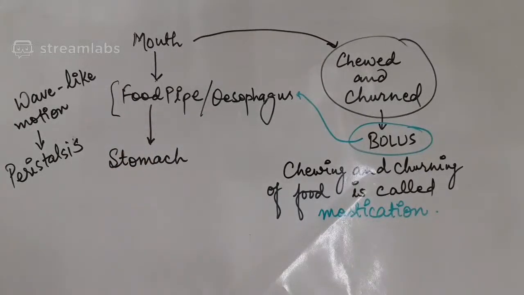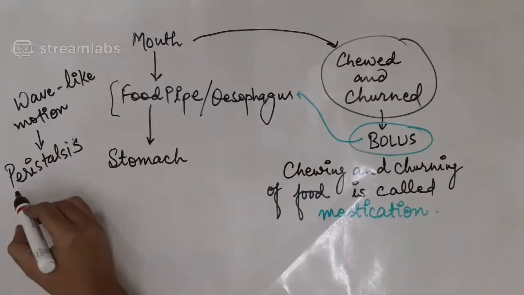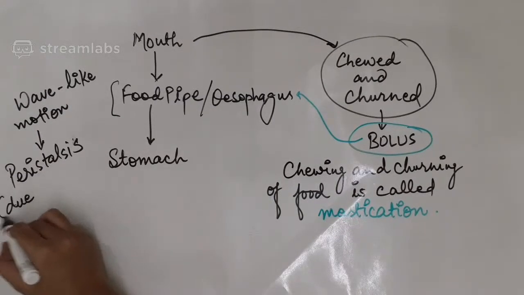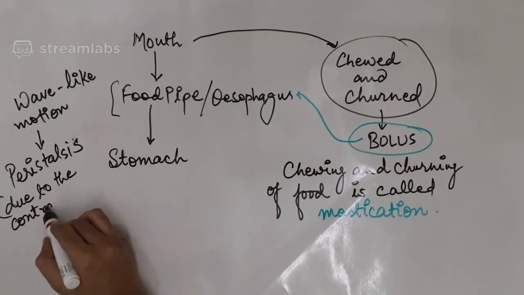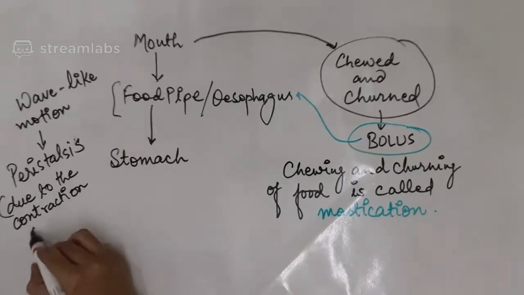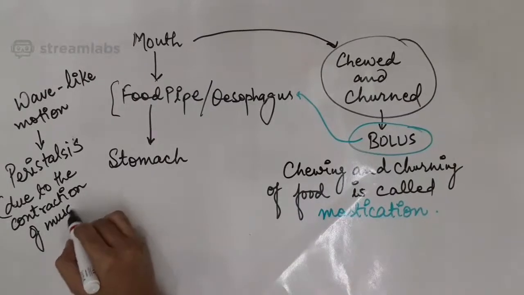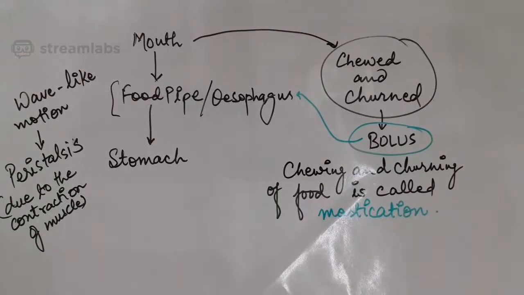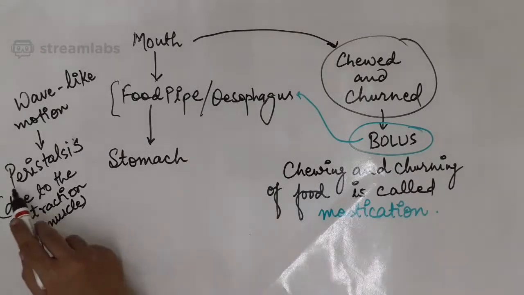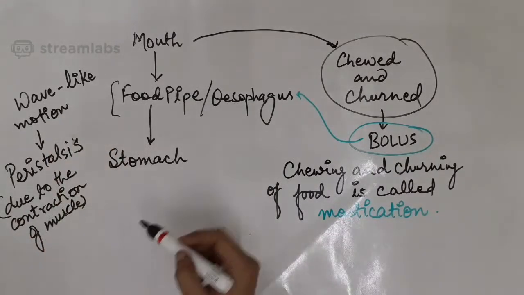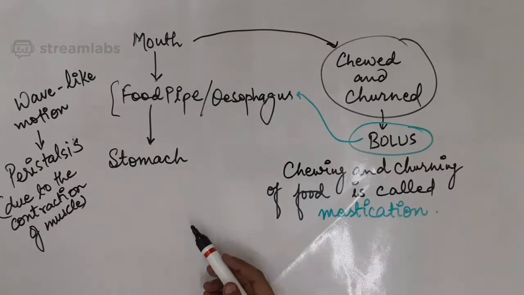Peristalsis is the wave-like motion occurring in the food pipe due to the contraction of muscles. Peristalsis occurs due to the contraction of muscles, which is a wave-like motion occurring in the complete alimentary canal.